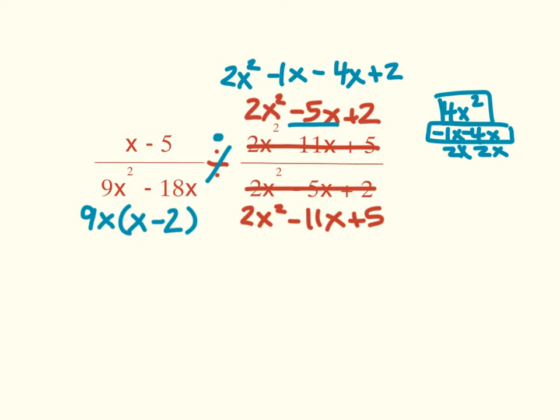All right, I'm going to then put a vertical line down the center and factor out the GCF on each side. Here I can factor out an x, and I'm left with 2x minus 1. On the right-hand side, remember to factor out the negative, and in this case, a 2. And right here, when you factor out that negative 2 out of the 2, we are left with minus 1.